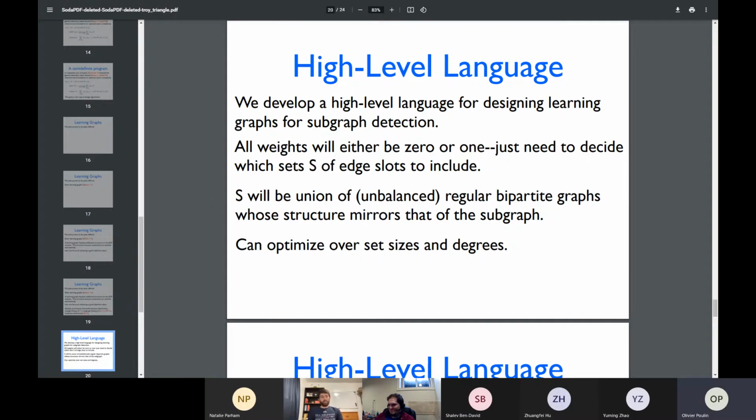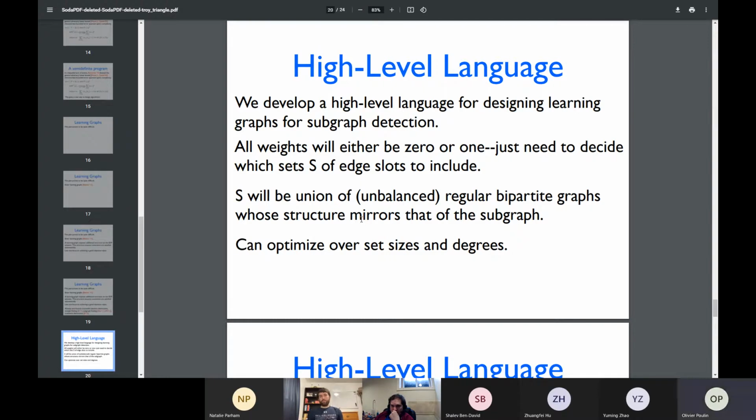What was cool about this high-level language is that their main theorem compiles this high-level language into a learning graph, and then bounds the complexity of the resulting quantum query algorithm.